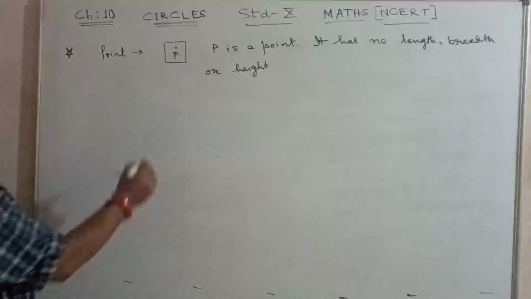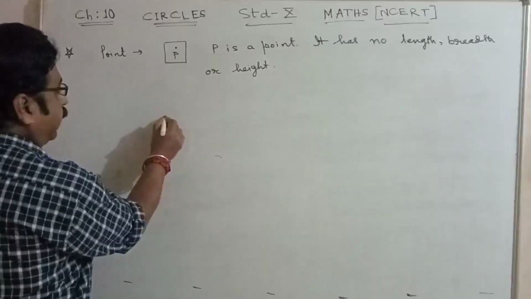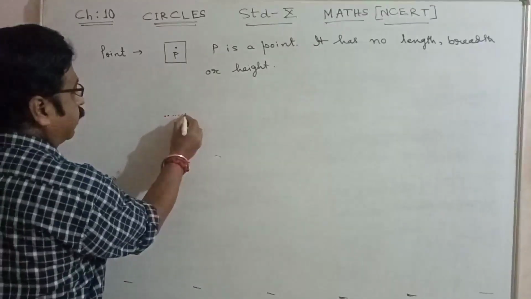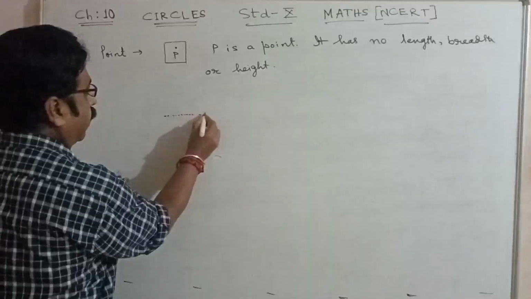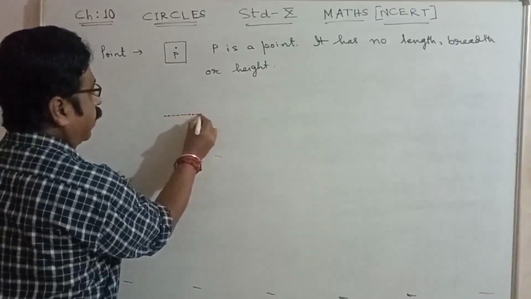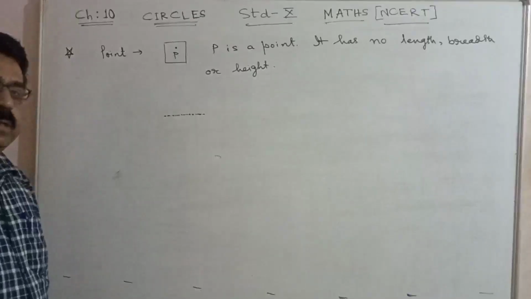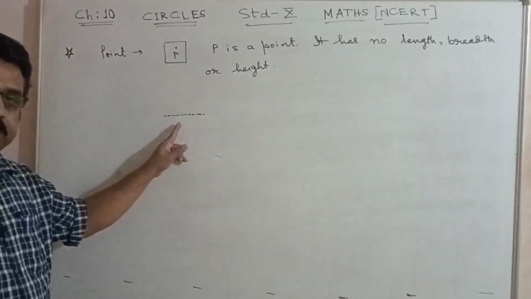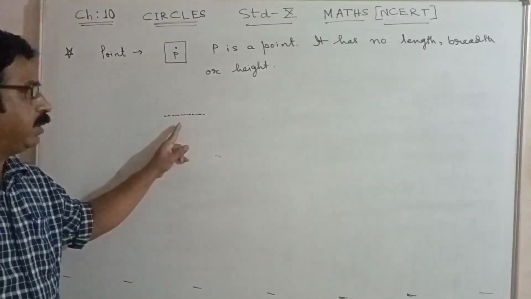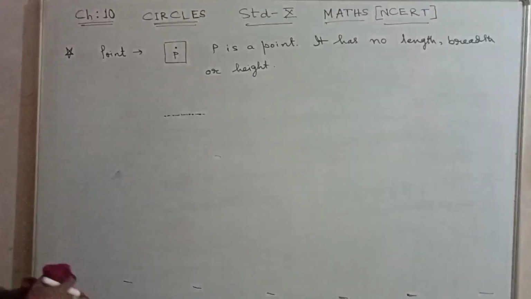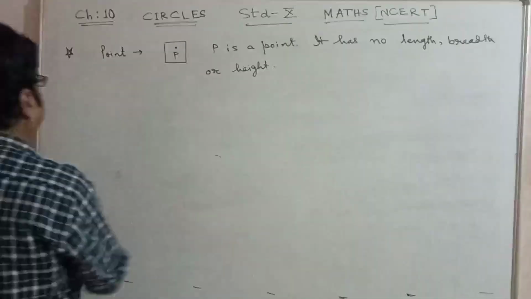When so many points like this lie on a plane, and the number is infinitely many, then what we will get, that let us see.